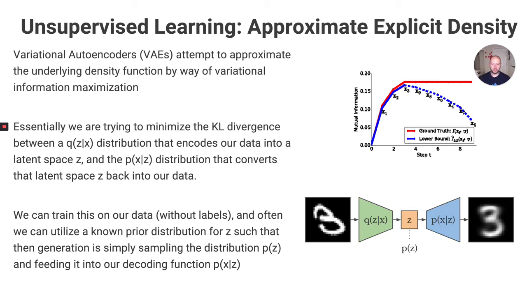And what we can show with variational autoencoders is that if we minimize the KL divergence, this acts as a way of maximizing the lower bound on the mutual information between the transformation of our data and the actual underlying ground truth of the probability distribution given our unstructured data.